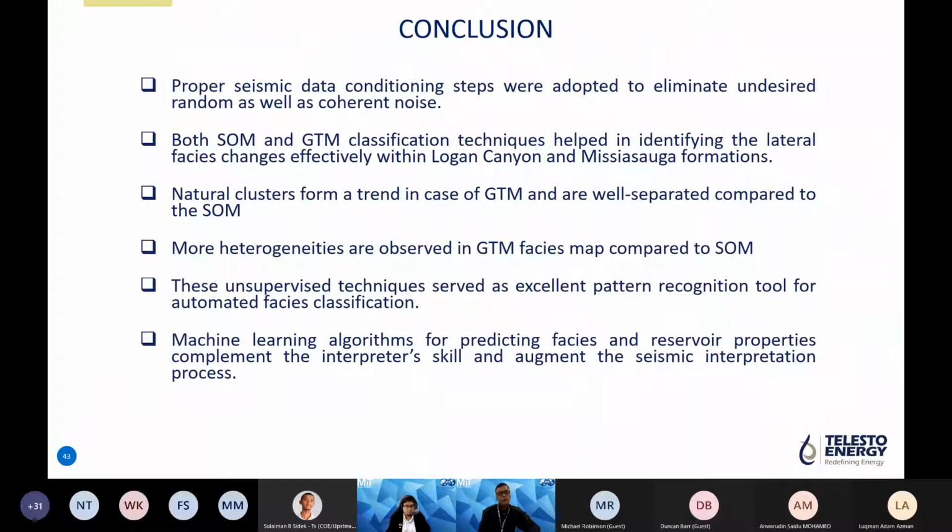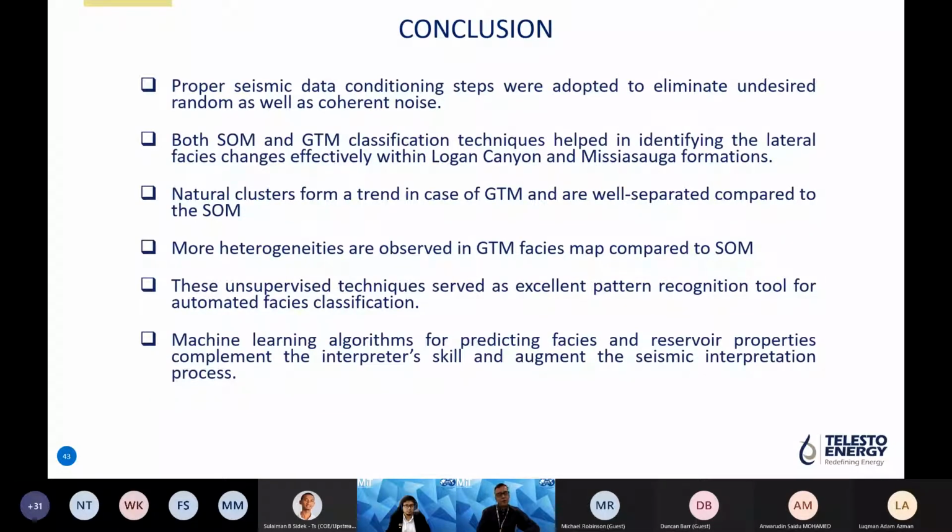In concluding this topic, some of the crucial things are that seismic data conditioning is very, very crucial so that we remove undesired coherent noise. Both these techniques help in identifying the seismic phases.